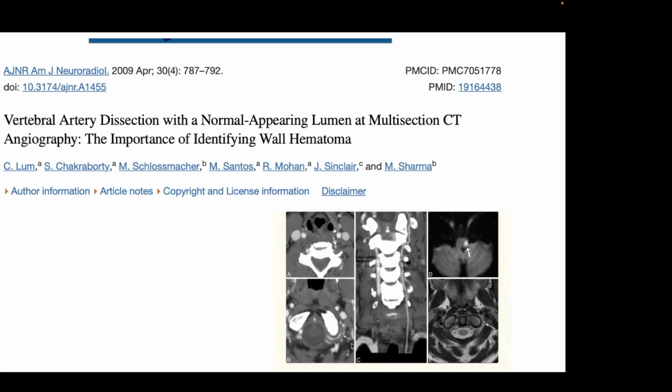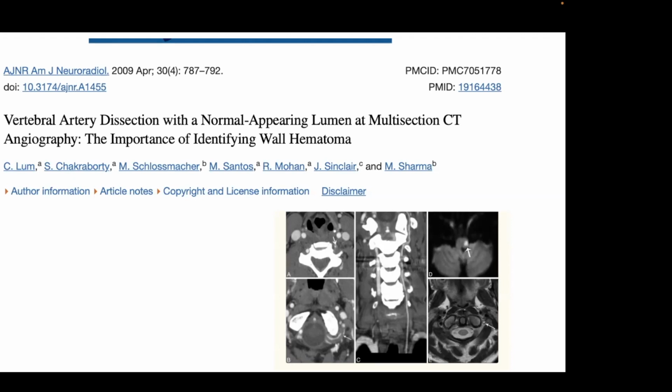You have to become attuned to recognize this appearance on CTA. So look at the V3 segment in all of your CTA scans so you become familiar with this appearance. This patient, as a result of this dissection, had a lateral medullary infarct.